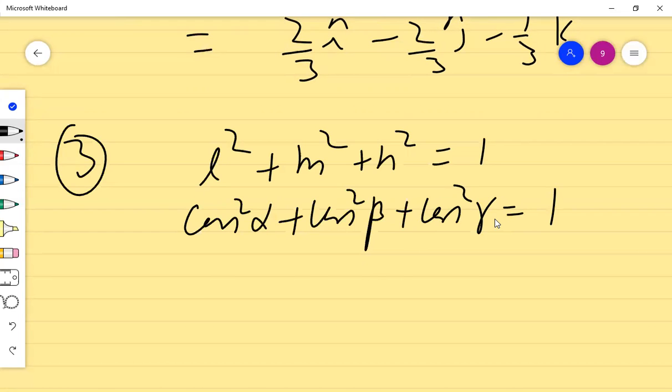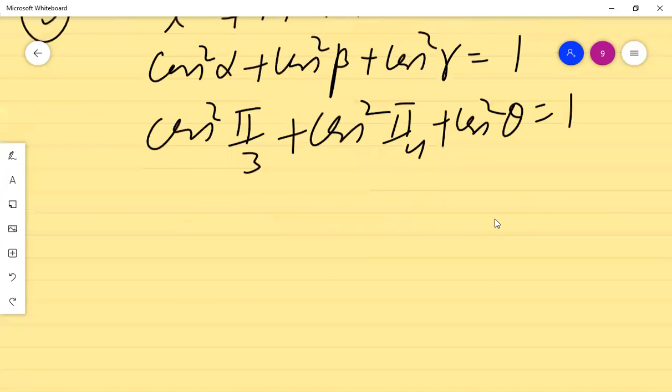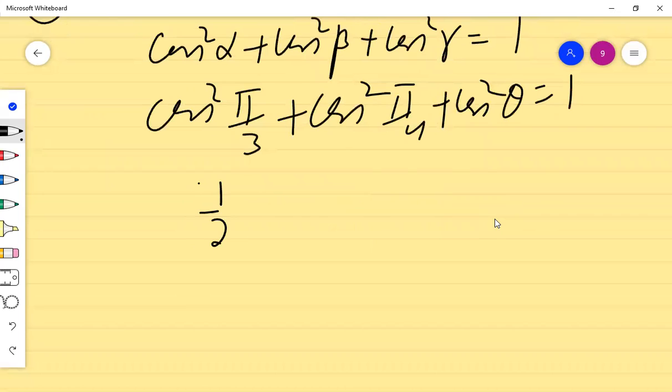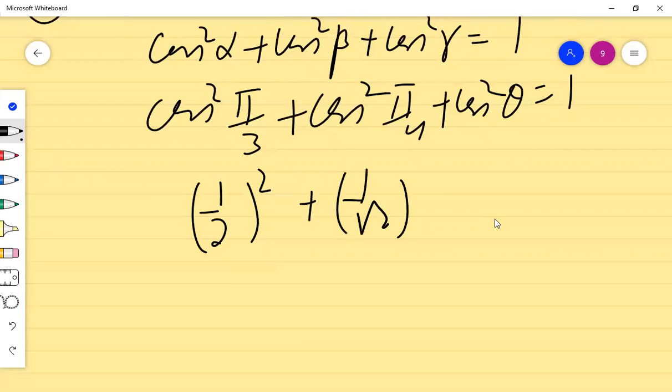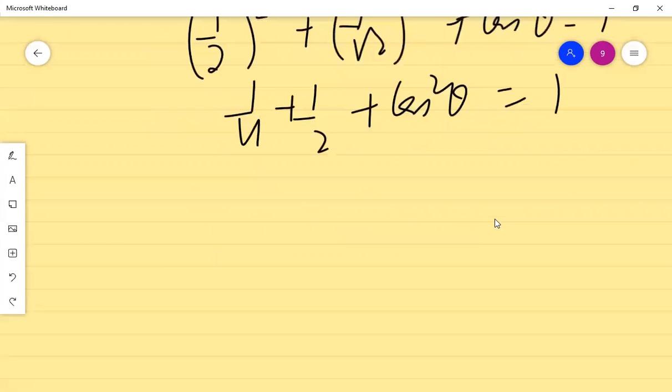So cos square pi by 3 plus cos square pi by 4 plus cos square theta equals 1. That is 1 by 2 square plus 1 by root 2 square plus cos square theta equals 1. So 1 by 4 plus 1 by 2 plus cos square theta equals 1.